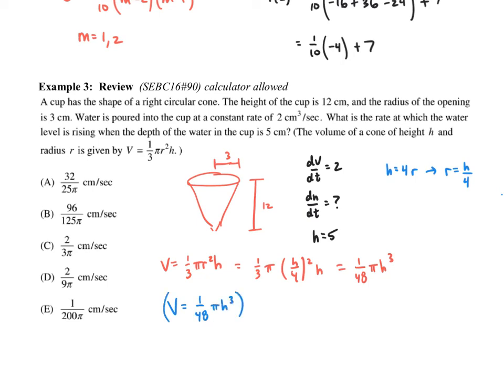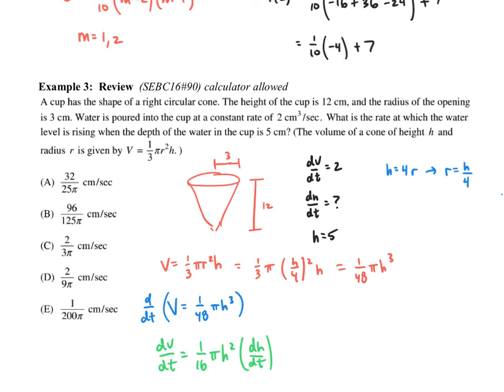That's going to be our volume that we're going to differentiate with respect to t, because all this is changing with time. So we have dV/dt equal to 1 over 16 pi times h squared times dh/dt. Again, a related rate. We did that in section 4.1. We're going to substitute in all of our values.